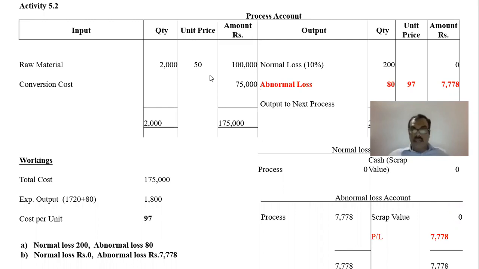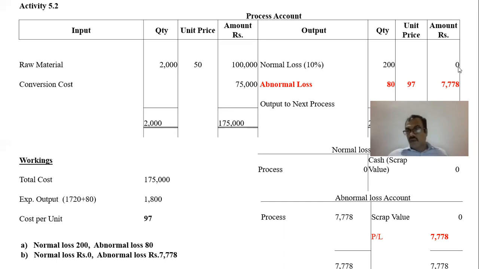It should be deducted from the total cost. So whenever you receive cash, debit cash, you sell them at a price and deduct from the total cost. This is how you put a value for the normal loss. Assume that these 200 units were sold for a price of 5,000. So you put 5,000 here. Then what happens? Your total cost goes down.